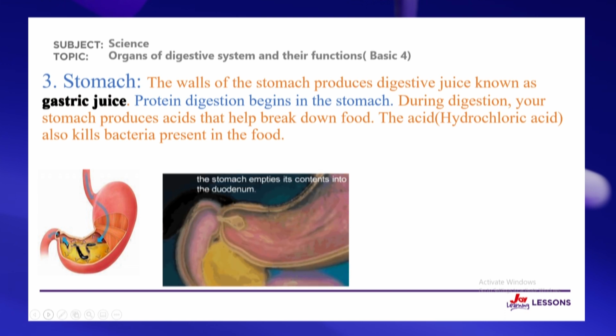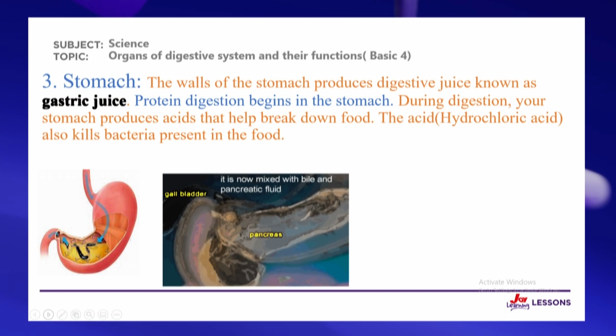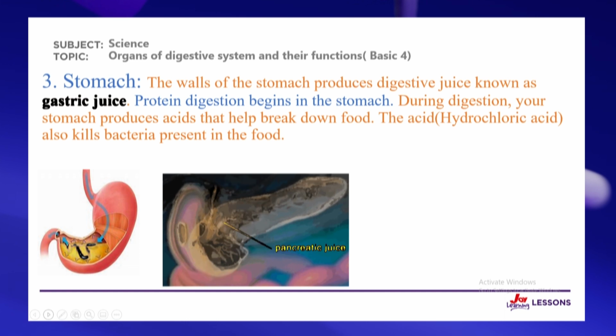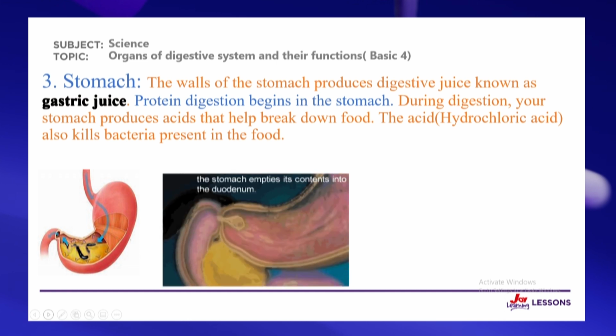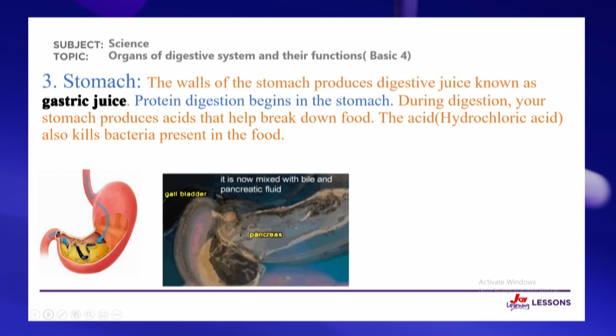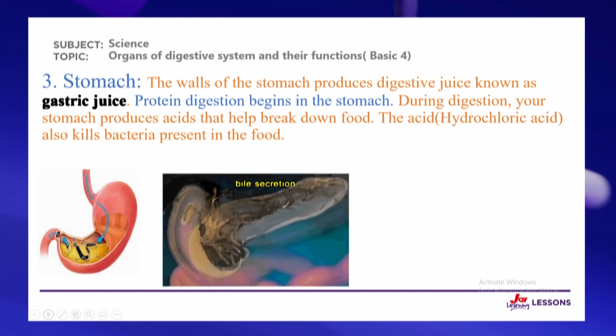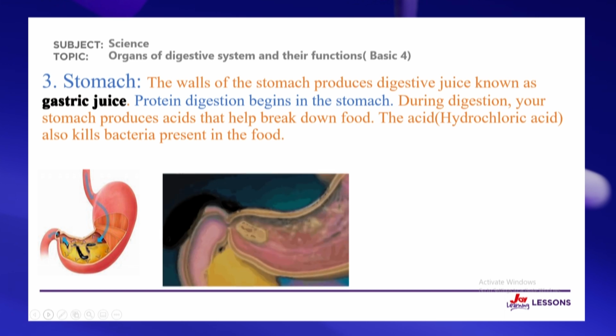The third part of the digestive system we are going to look at is stomach. The walls of the stomach produce digestive juice known as gastric juice. It is the gastric juice that contains the digestive enzymes that break down food substances, and also hydrochloric acid.